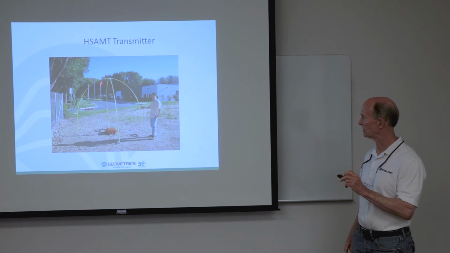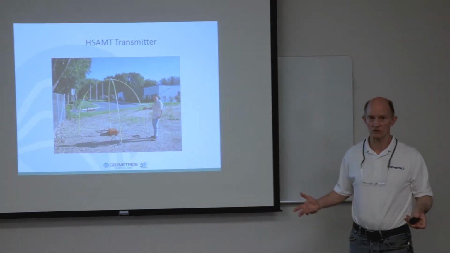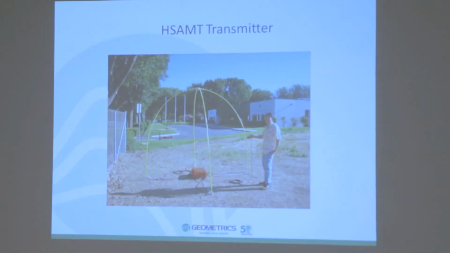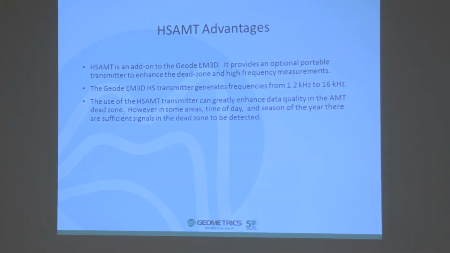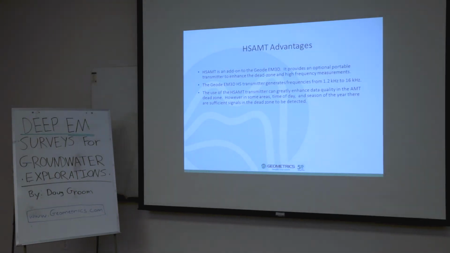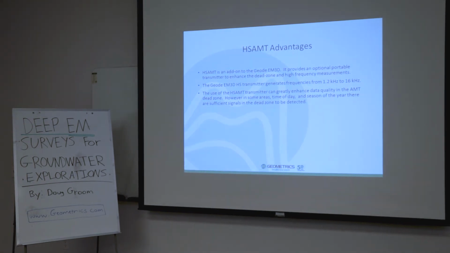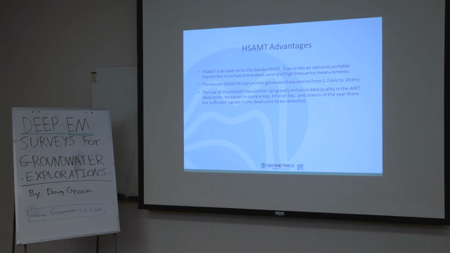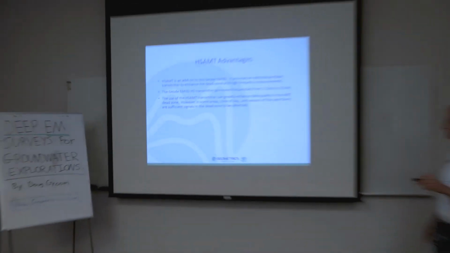There are 2 induction loops, and it runs on a typical 12-volt car battery or marine deep cycle battery. On the Geode EM, this is an option that can be added on, and it basically generates frequencies from a little over 1 kilohertz to 16 kilohertz.